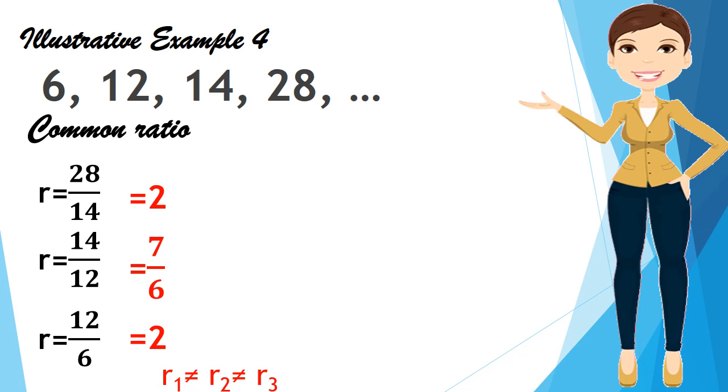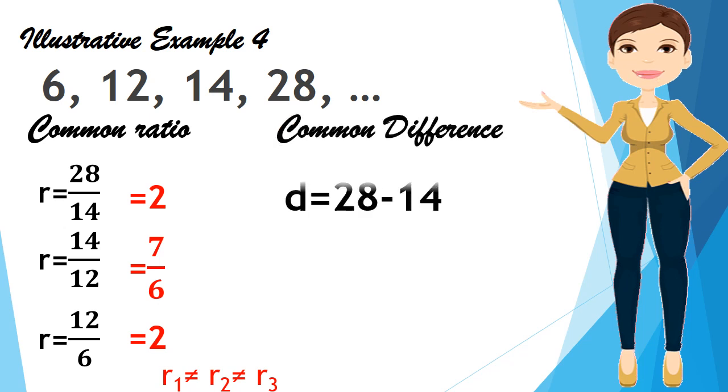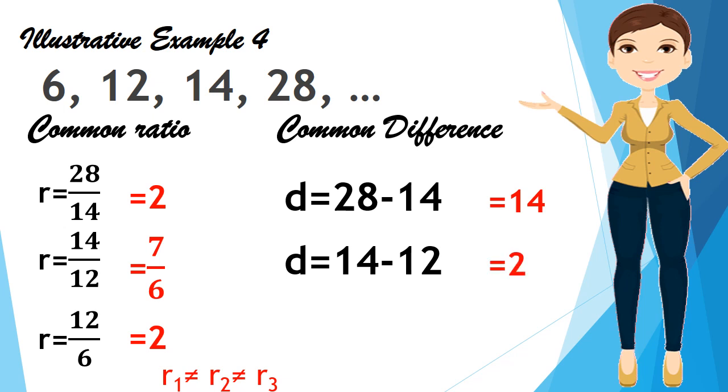So if it is not a geometric sequence, let us try if there is a common difference. In finding the common difference, we are going to subtract 28 minus 14. Then the answer is 14. Then 14 minus 12, the difference is 2. And the last one, we have 12 minus 6, the difference is 6. Again, we observe that their differences are not common.